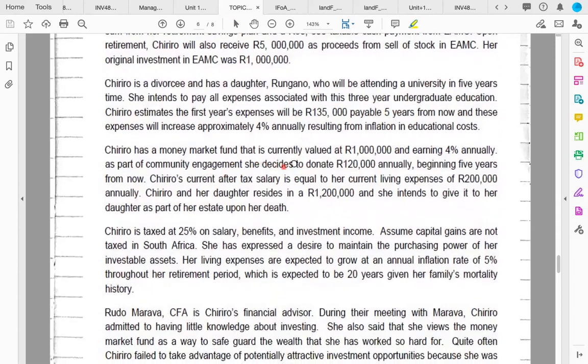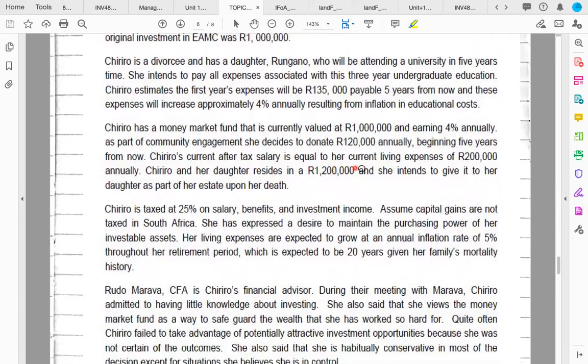She has a money market fund that is currently valued at 1 million, earning 4% annually. As part of the community engagement, she's going to donate 120,000 rand annually beginning in 5 years from now. Her current after-tax salary is equal to her current living expenses of 200,000 rand annually.